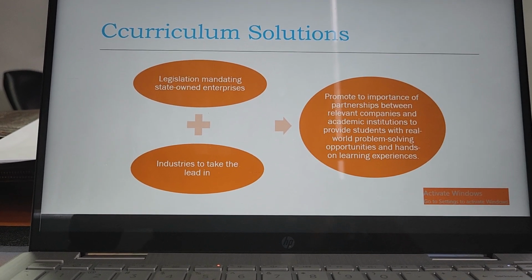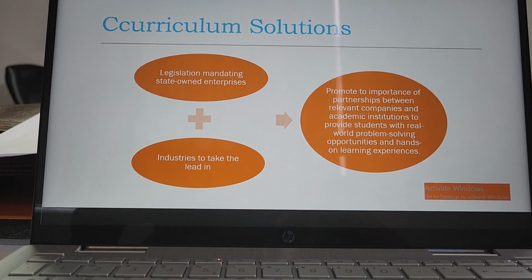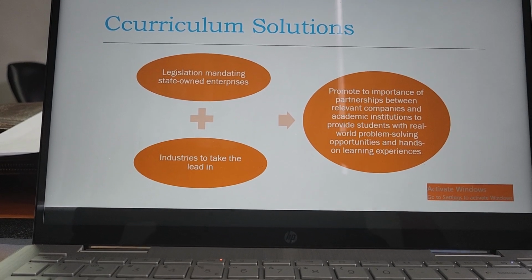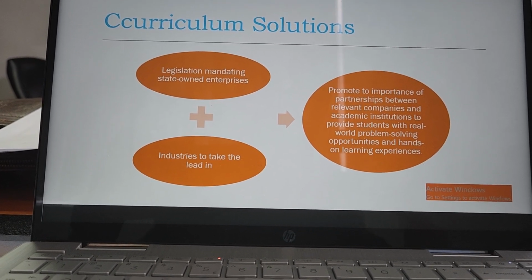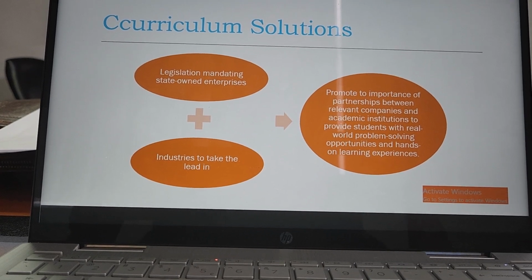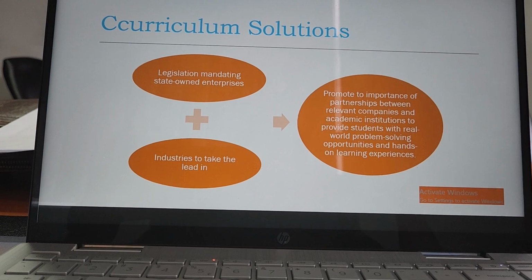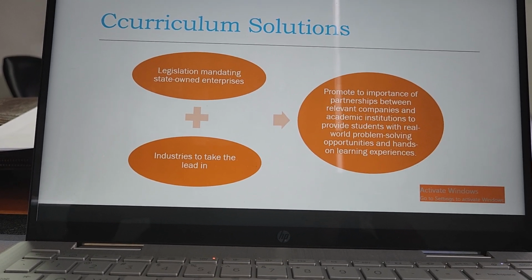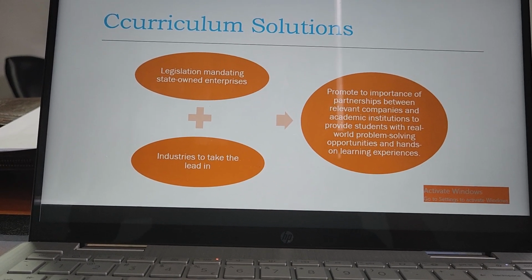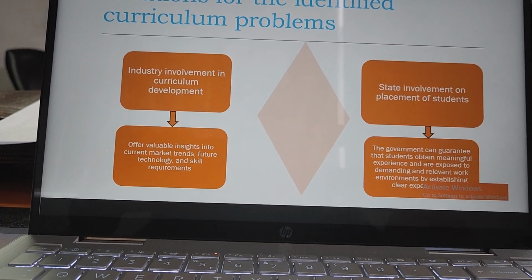Now, if we address those things, then we will move to a place where we promote the importance of partnership between relevant companies and academic institutions to provide students with real-world problem-solving opportunities and hands-on experience. With all of this attended to, the problems that we are faced with will be minimal, in fact, if none at all.